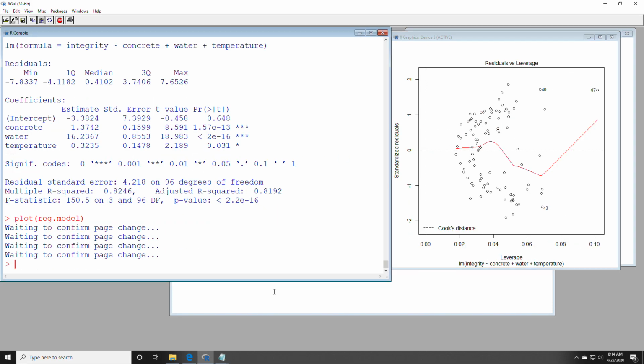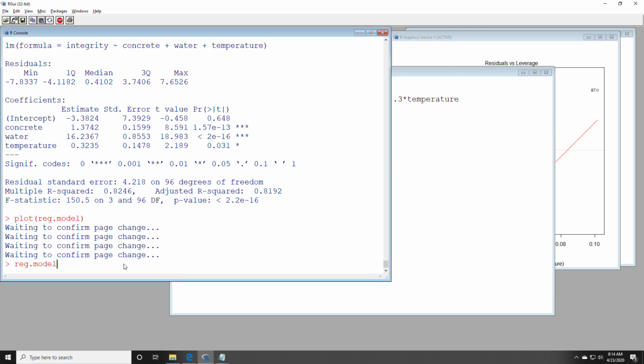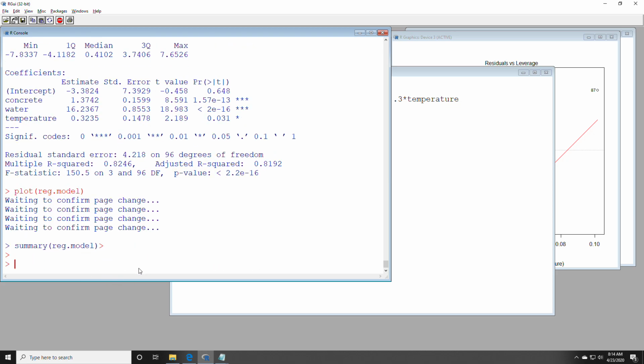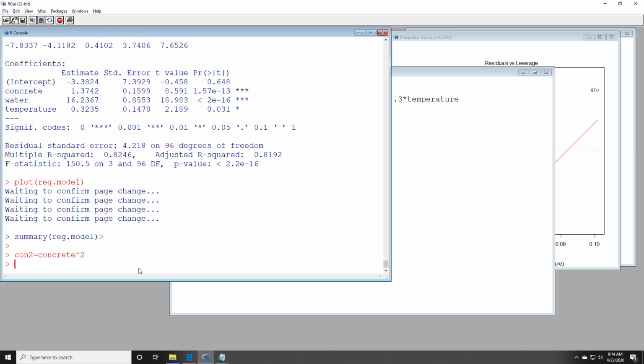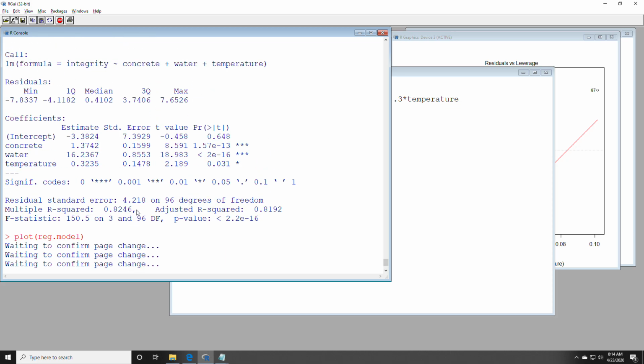Okay, so as I've said, we could think about adding a bunch of squared terms. Of course you have to predefine them, like con2 is equal to concrete squared, and likewise watt2 is equal to water squared, and temp2 is equal to temperature squared.